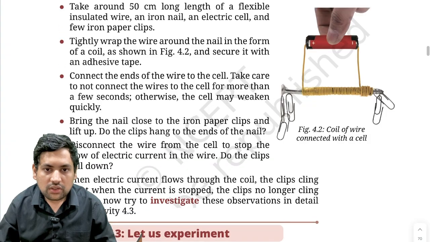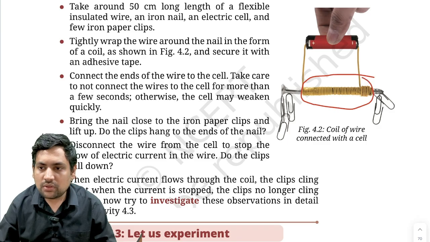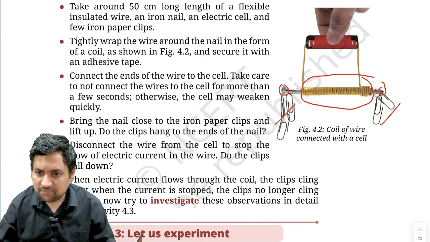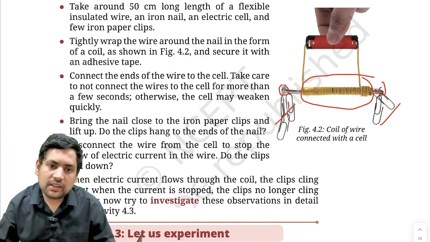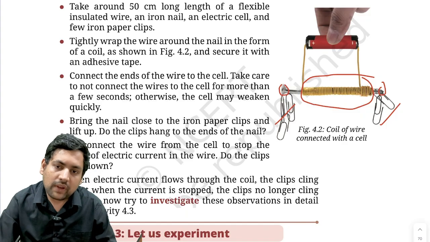Now see this. If you see it here, there is a wire and that is connected to a battery. Now, can you see that this nail has started attracting small pins? Why is it starting to attract small pins? Now these small pins may be made up of iron or some magnetic material. Correct. Now why is it getting stuck?